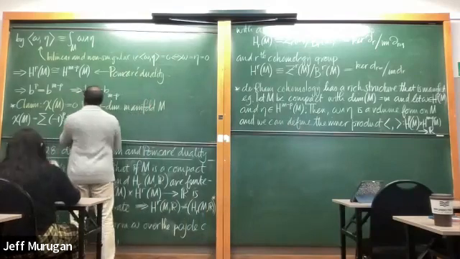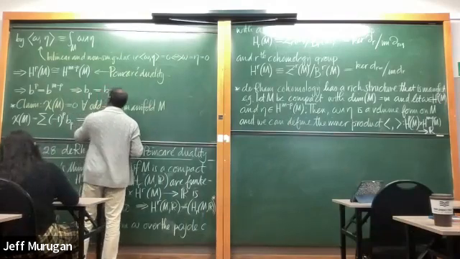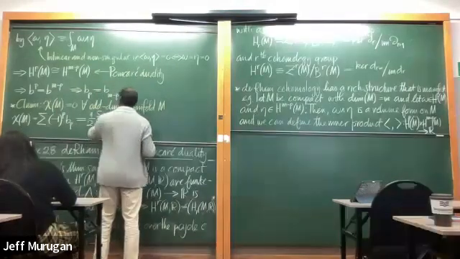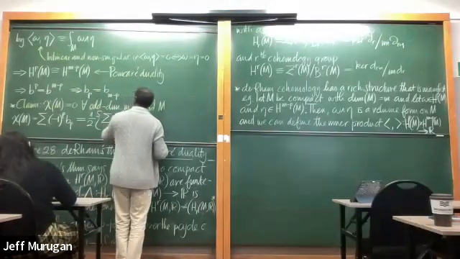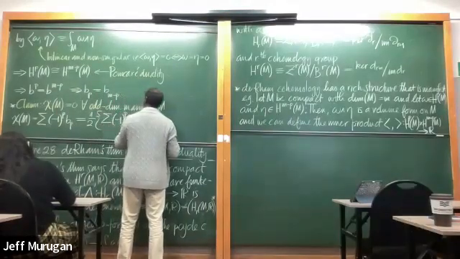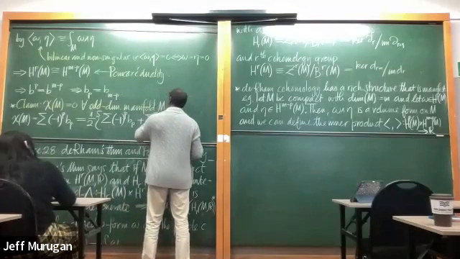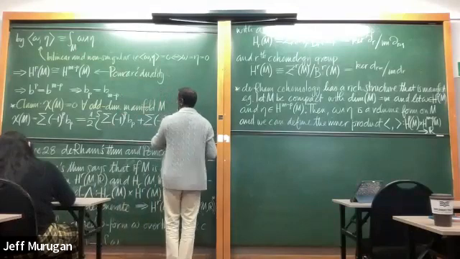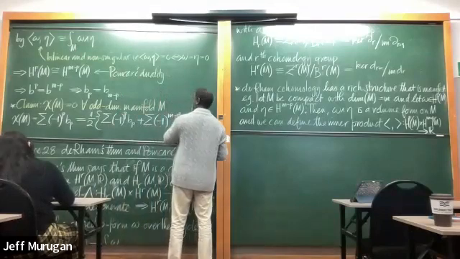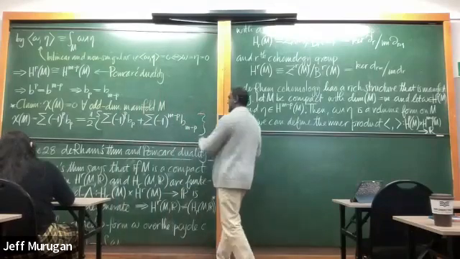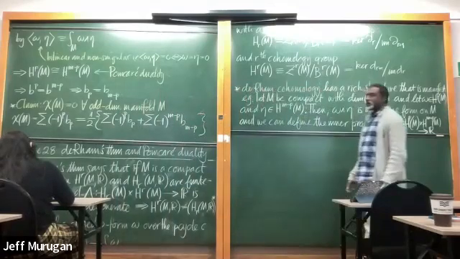So this is half of the sum of (-1)^p b_p plus, writing the same thing out backwards, (-1)^(m-p) b_(m-p).